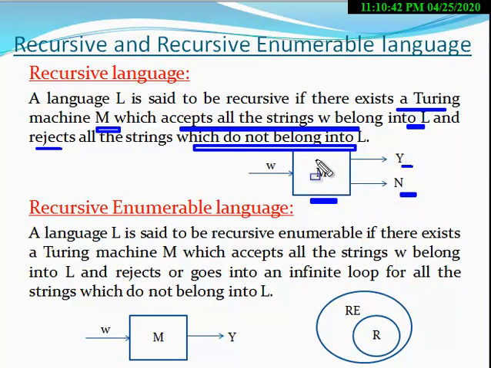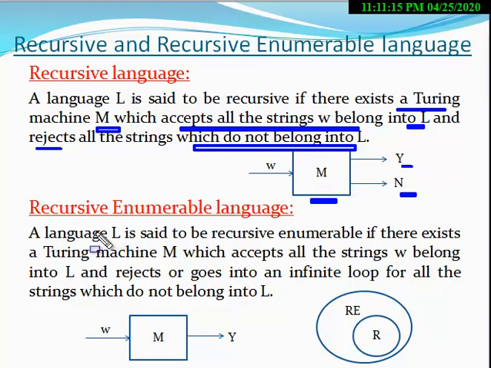So the Turing machine corresponding to a recursive language has 2 answers. One answer is yes and the second answer is no. If the string is accepted by the machine, then the answer will be yes. If the string is rejected by the machine, then the answer will be no. Right? So this is the Turing machine corresponding to a recursive language.